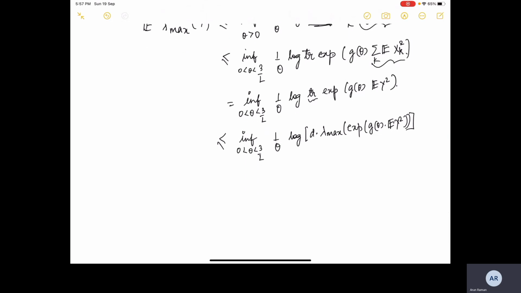Then we use another step from the Chernoff bounds: lambda max of the exponential, we can replace by the exponential of lambda max, and we still have equality. So 1 by theta log d times exponential g theta lambda max of expected value of Y square.